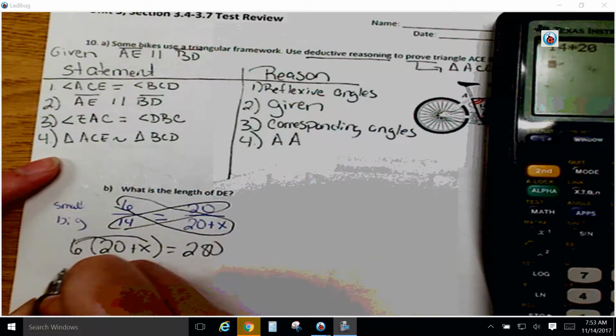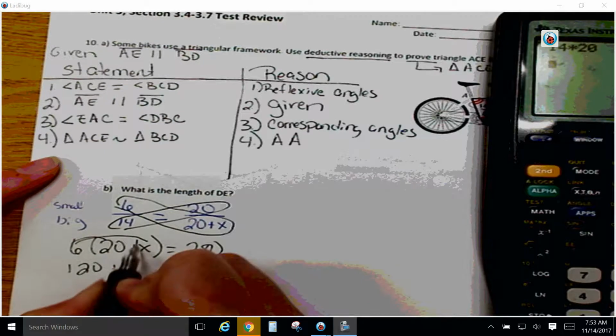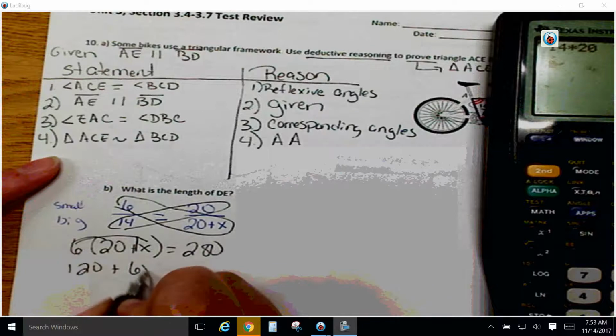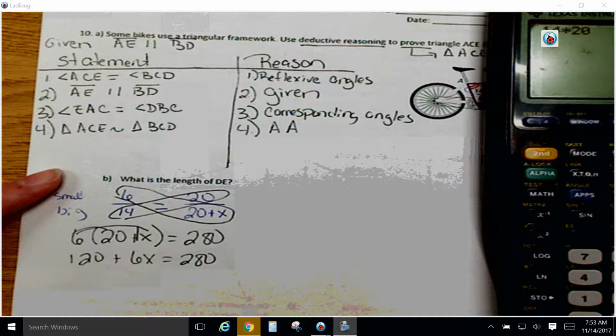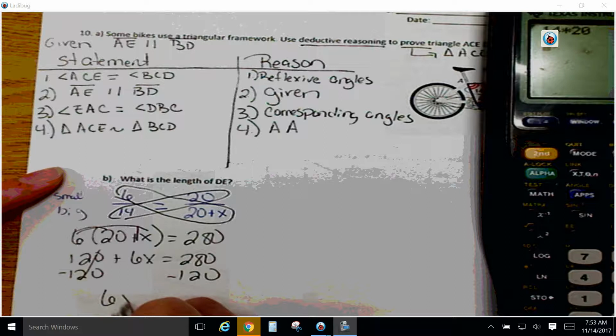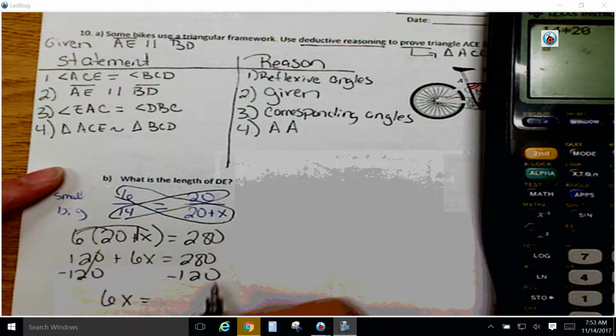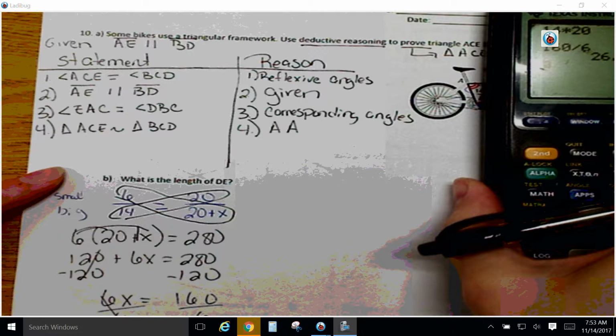So 6 times 20 is 120. 6 times X, remember that's 1X, so that's 6X, equals 280. And then I'm going to have to subtract 120 from both sides. And I'm going to have 6X equals 160. Divide both sides by 6. And then I go ahead and do 160 divided by 6. And I'm going to get 26. And then I get a big old long decimal.